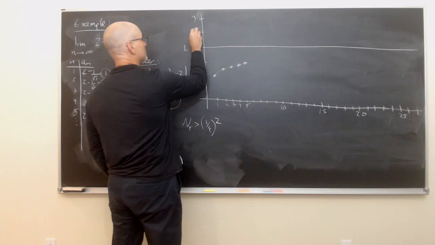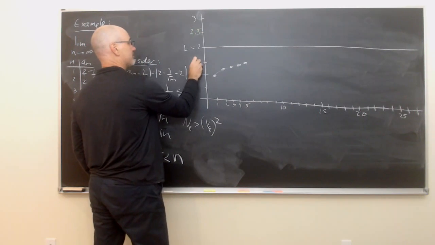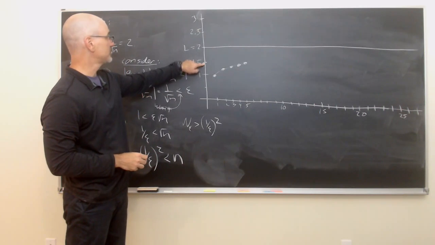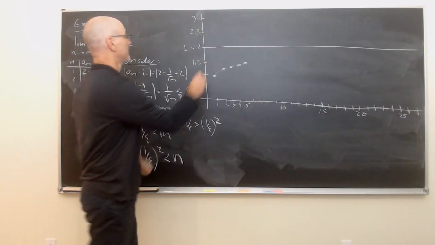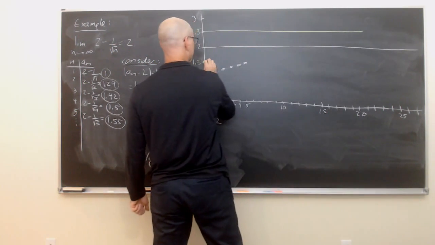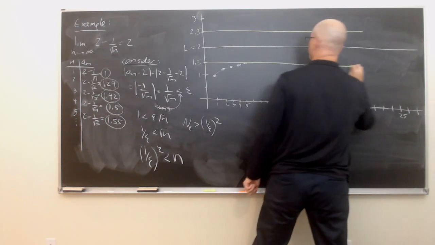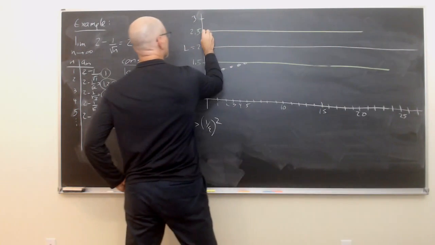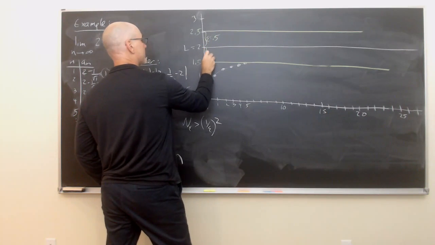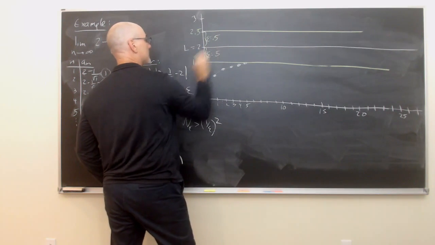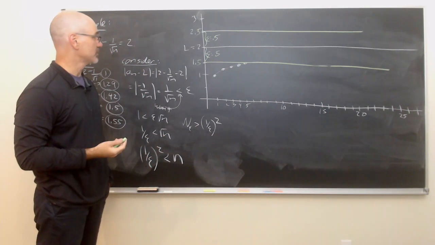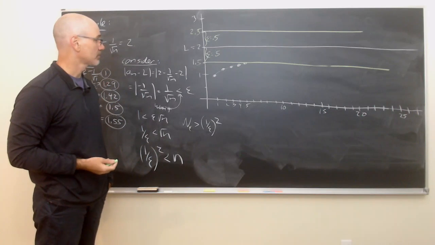So at 2.5 and 1.5, those represent points that are 0.5 above and 0.5 below 2. And our epsilon band looks like this. So epsilon is 0.5, and we need to figure out when we get inside that band.